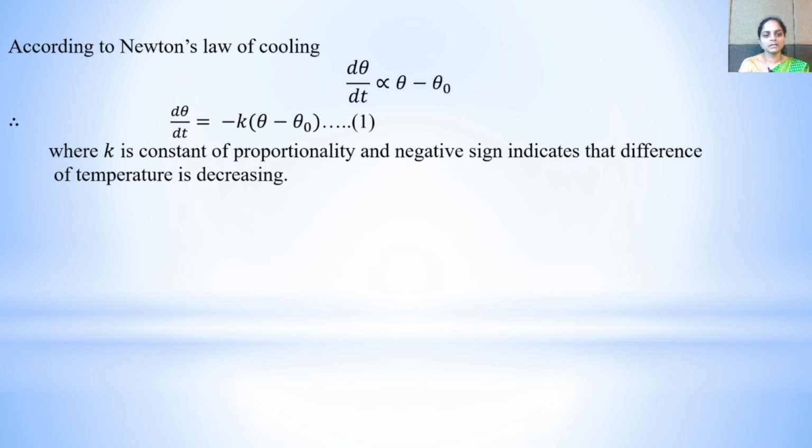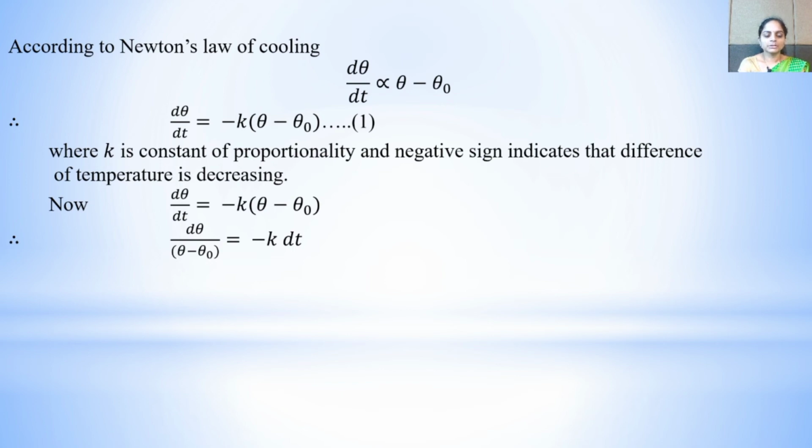temperature is decreasing. Now d theta by dt is equal to minus k into bracket theta minus theta 0. This is our differential equation. To find the variable separable form, we take the terms of theta on the LHS and the remaining terms on the RHS. So it becomes d theta by theta minus theta 0 is equal to minus k into dt.